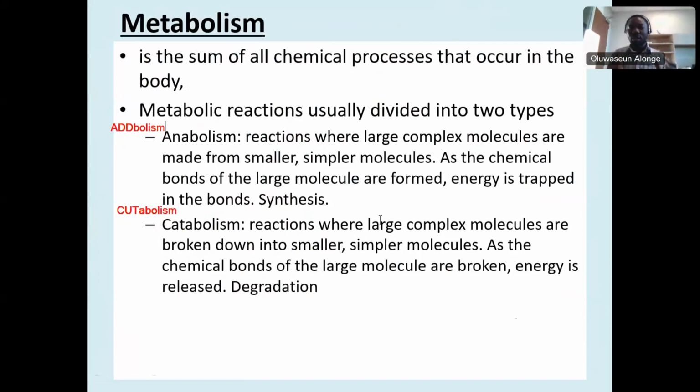So think about it. The reverse of what I just talked about is if we are adding glucose and galactose together to form lactose. That is anabolism. So all of the process together is what we call metabolism. So metabolism simply involves anabolism and catabolism.